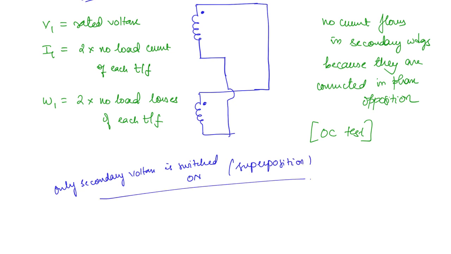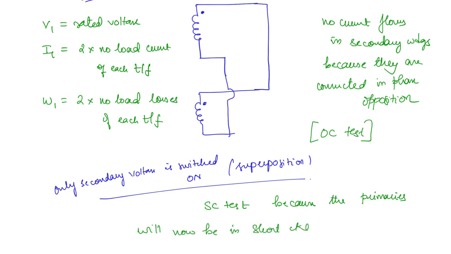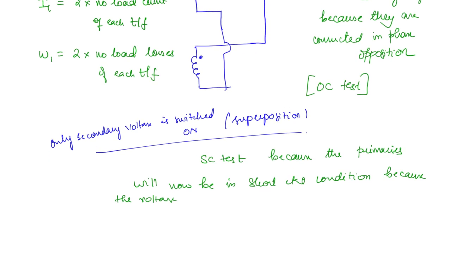It is going to be like a short circuit test, because the primaries will now be in short circuit condition, because the voltage on the primary side is switched off or shorted.